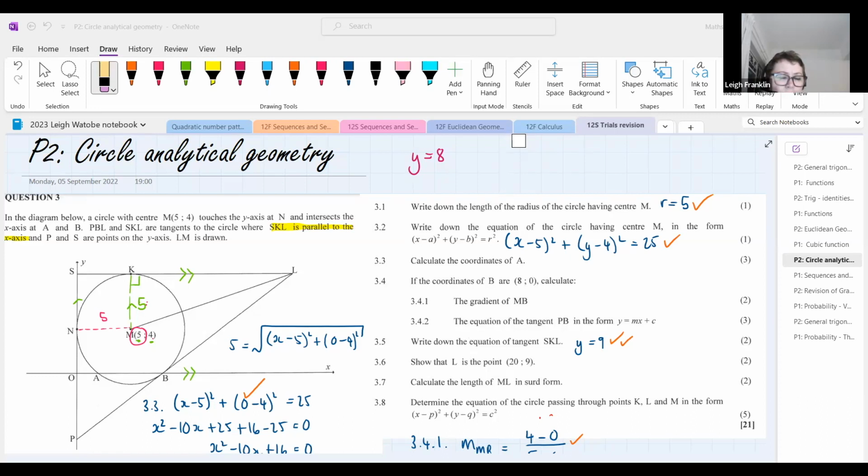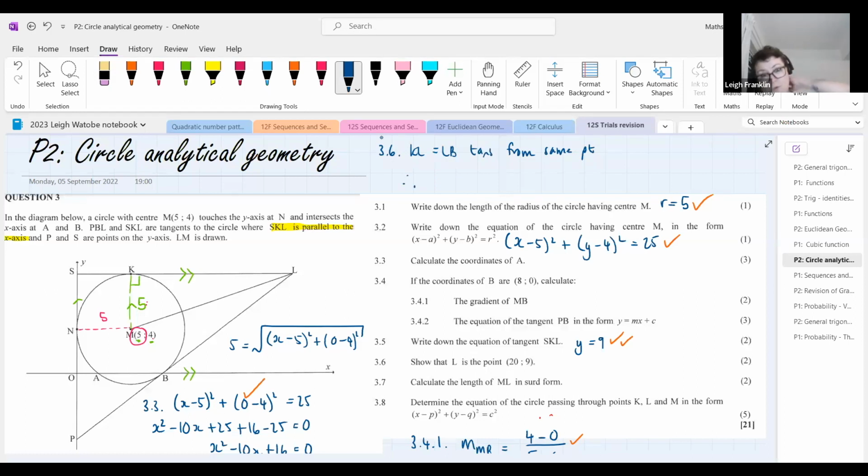But we don't. Okay, all right. So let's do tangents from the same point. Maybe there is a quicker way if anybody else can think of something better. So KL equals LB because they are tangents from the same point.